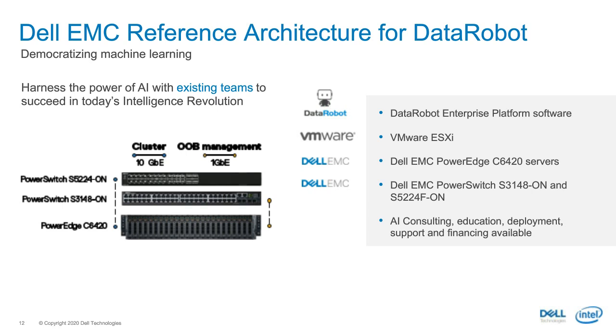The DataRobot software has been validated and tested, and this can also run on virtualized environments on top of VMware ESX, so that existing IT teams can leverage the solution that we put together and deploy it in their existing data centers.